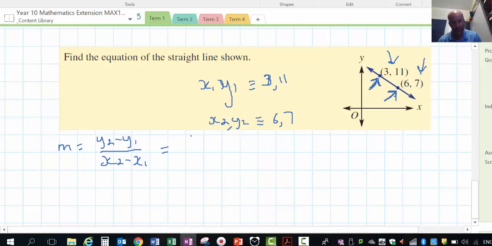So we've got y2 minus y1 on the top, so that's 7 minus 11, and x2, which is 6, and x1, which is 3, negative 4 on 3. So the gradient is negative 4/3.